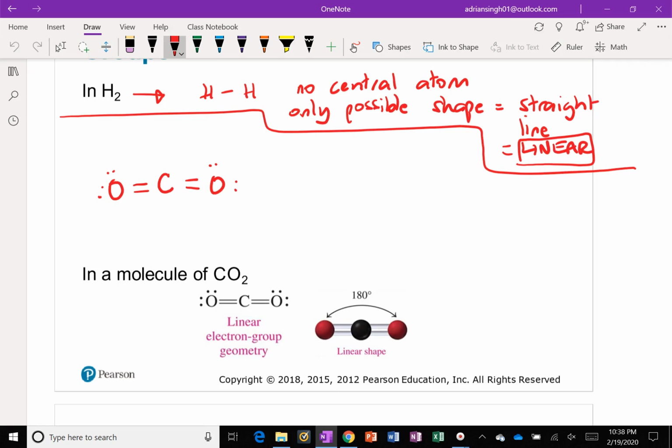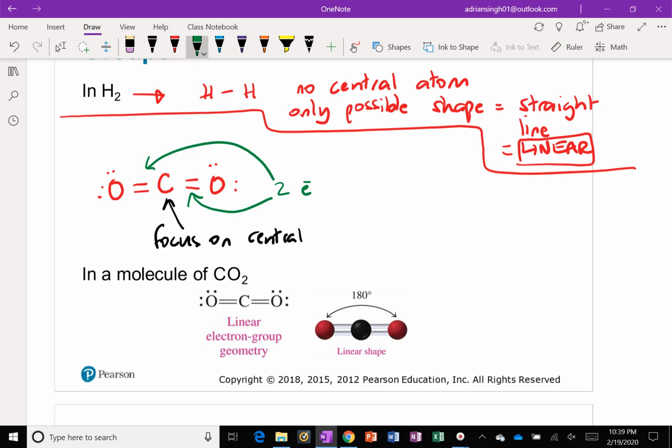When we look at the shape of this molecule, we focus on the central atom, which is the carbon. And we ask ourselves how many electron groups are around that central carbon. We have one electron group here, which is a double bond, and we have another electron group. So we have a total of two electron groups around the central atom, which is the carbon in this case, right?